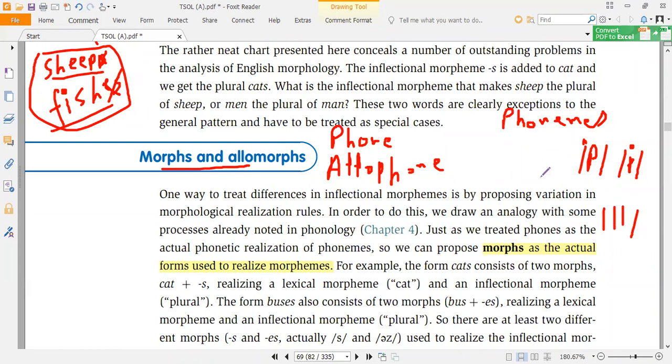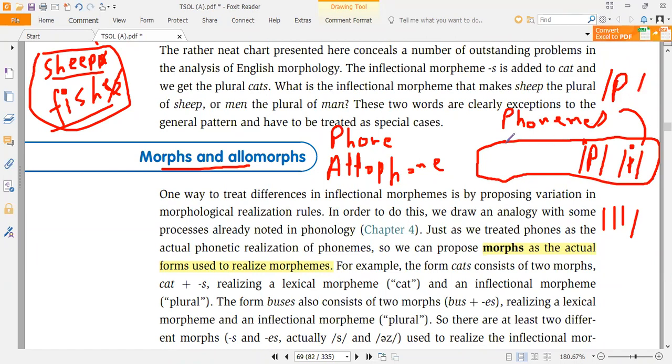So if we look at all these phones, aspirated p, unaspirated p, released p, unreleased p, dentally exploded p, nasally exploded p, this is a set of phones, all of which are the varieties of the p phoneme, right? So it means that all these are the allophones of the p phoneme, right?